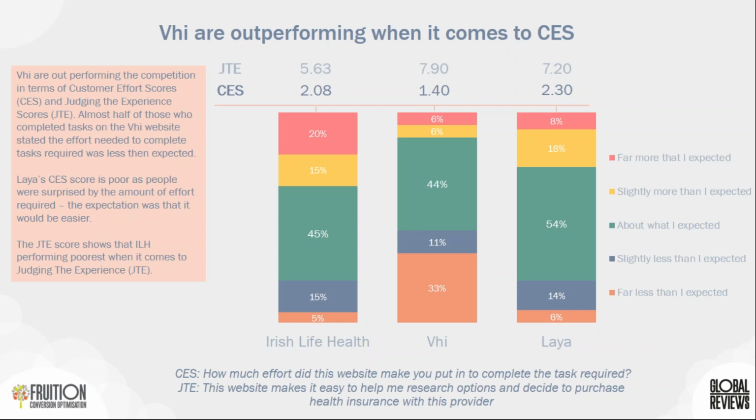And then if we look at someone like Laya, about what I expected is about half, but slightly more is 18%. So a higher percentage there experiencing more effort than they expected.